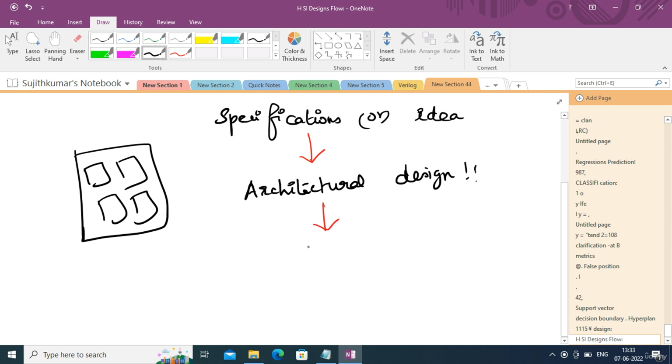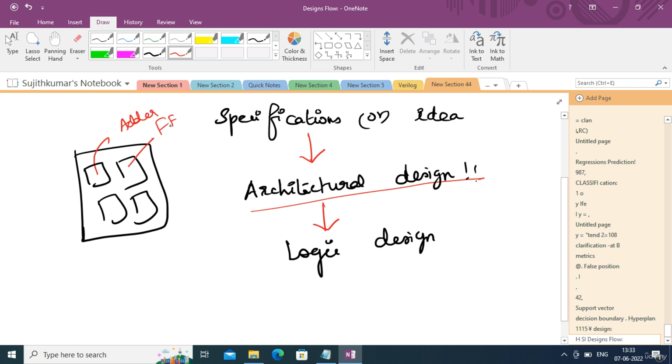Moving on, we have something called a logic design, where we have to design the logic. That is, in architectural design, we will be able to know how many blocks are there inside this chip. Each block will do a particular purpose, right? For example, let us say this block is a combinational circuit, let us say it is an adder, let us say this is a flip-flop, let us say this is a latch, like that.